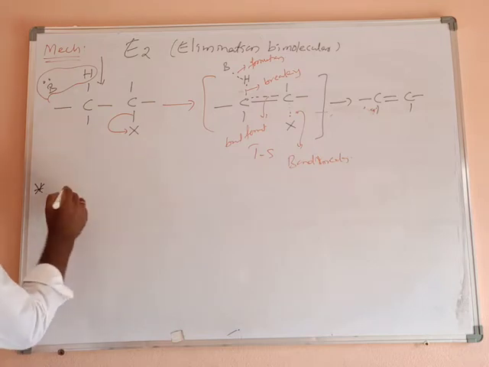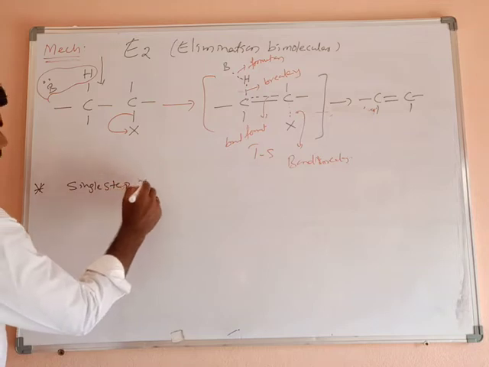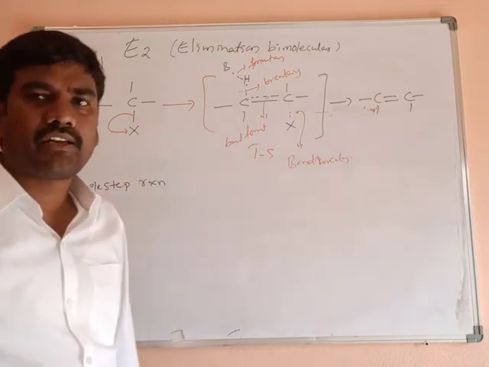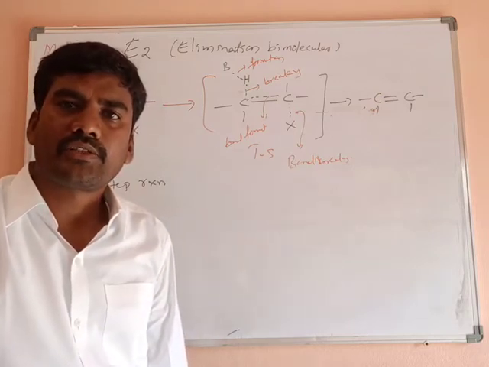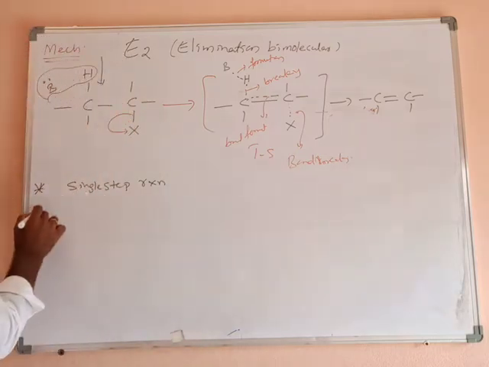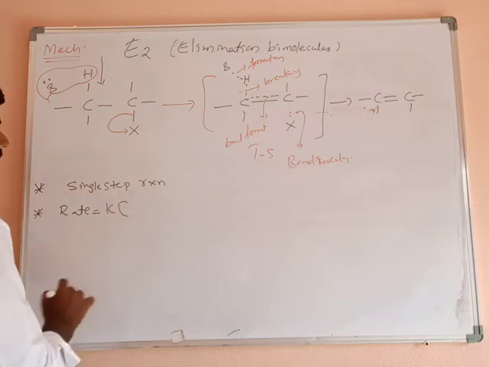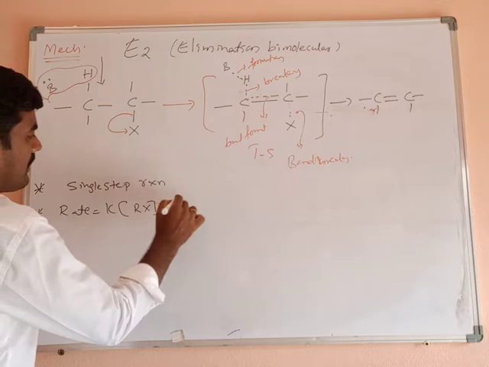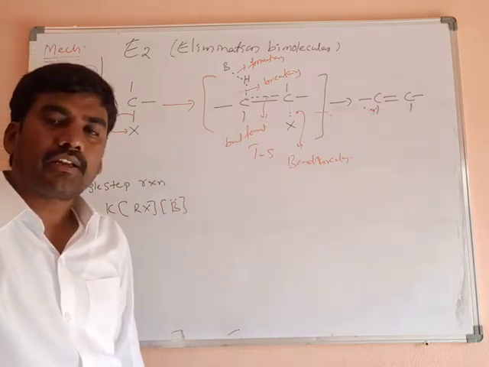Now, in this reaction mechanism, it is a single step reaction mechanism, just like the SN2 mechanism. In SN2 mechanism, there is only a single step. Similarly, it is a single step reaction. Now rate is equal to K into concentration of alkyl halide and concentration of base.